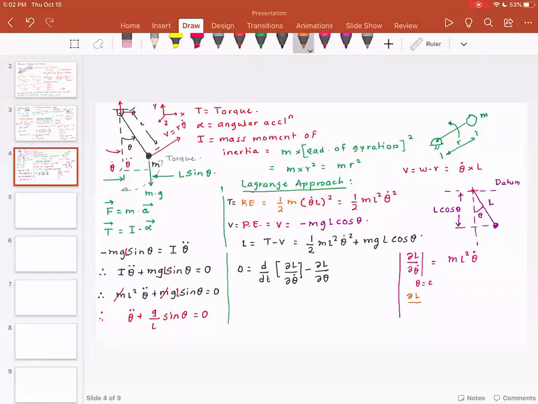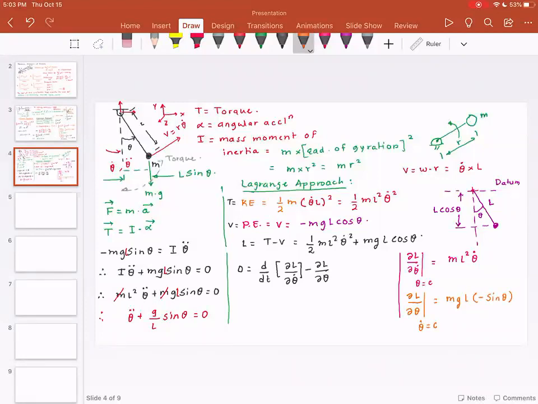Let's do partial L by partial theta. In this case, theta dot is equal to constant, and mg comes out as constant, mgl comes out as constant. Please note, I have a cosine theta. Derivative of cosine theta is minus sine theta.